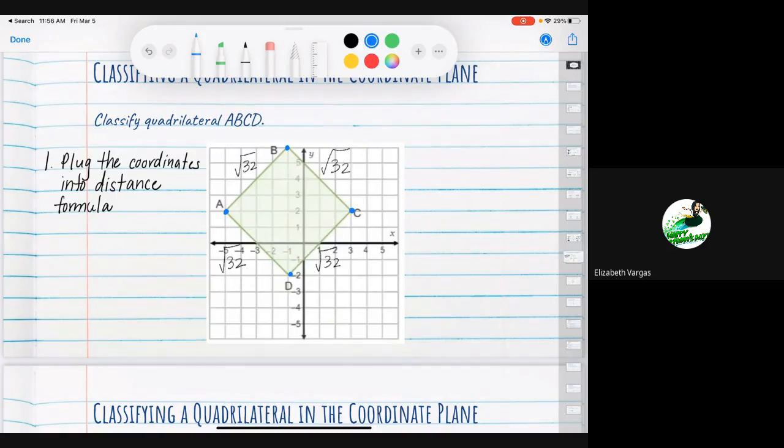And so when we do that, we'll identify that all four sides are congruent and all angles are right angles.